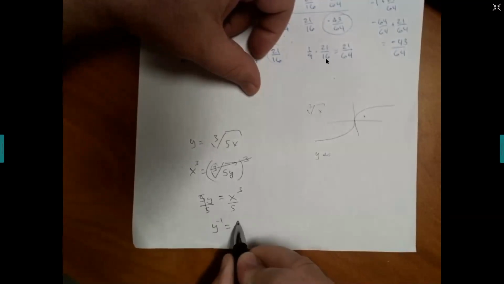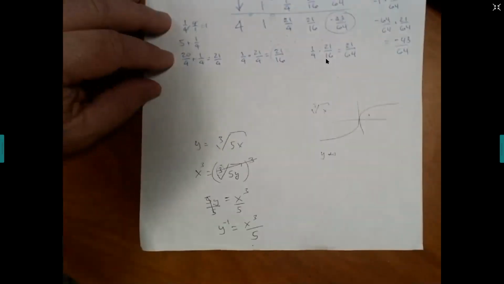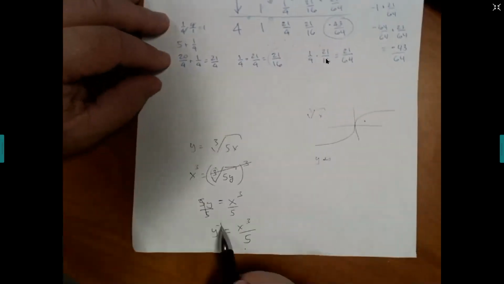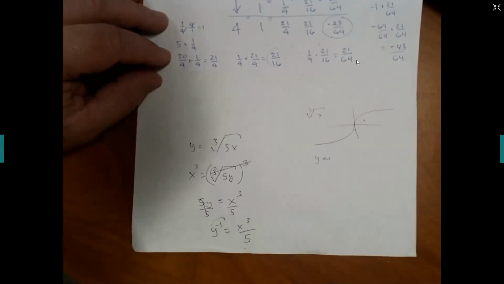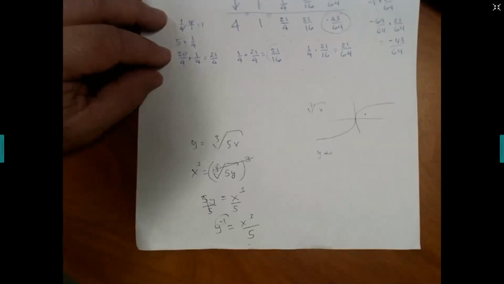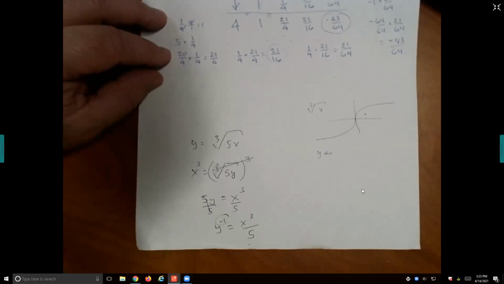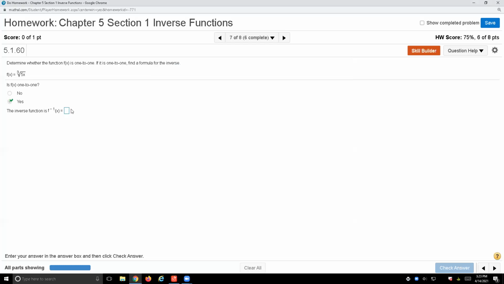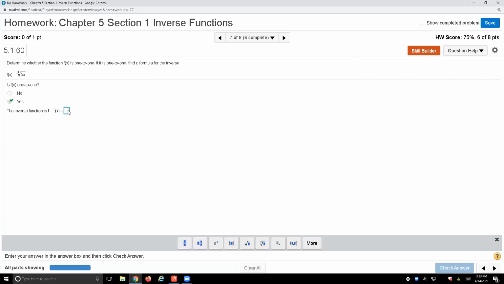So the inverse is x cubed over 5. Remember, you have to tell me it's the inverse by putting that -1 exponent there. So it's a fraction: on top, x cubed; on the bottom, 5.